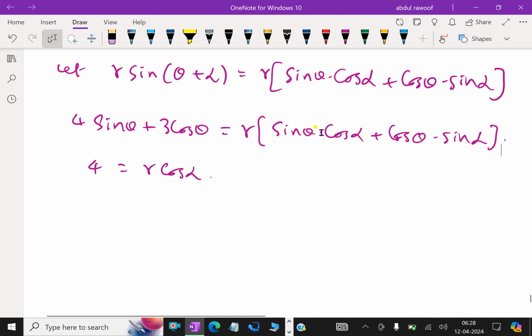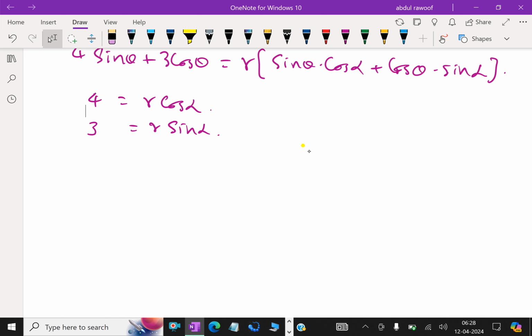3 equals R sin alpha. Now by using this combination, squaring both sides, we have 4 squared, which is 16, equals R squared cos squared alpha, and 3 squared equals R squared sin squared alpha.